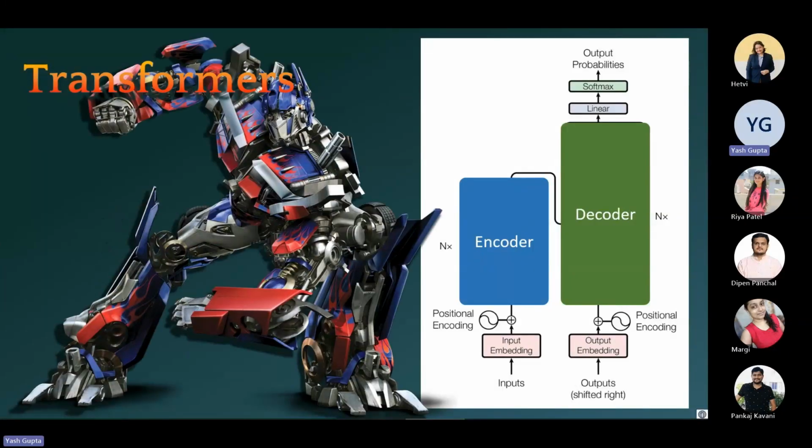Now, I have purposefully kept transformers, Optimus Prime, and this transformers as something other than this encoder decoder. When Prime is transformed into a truck, nothing is similar to us.